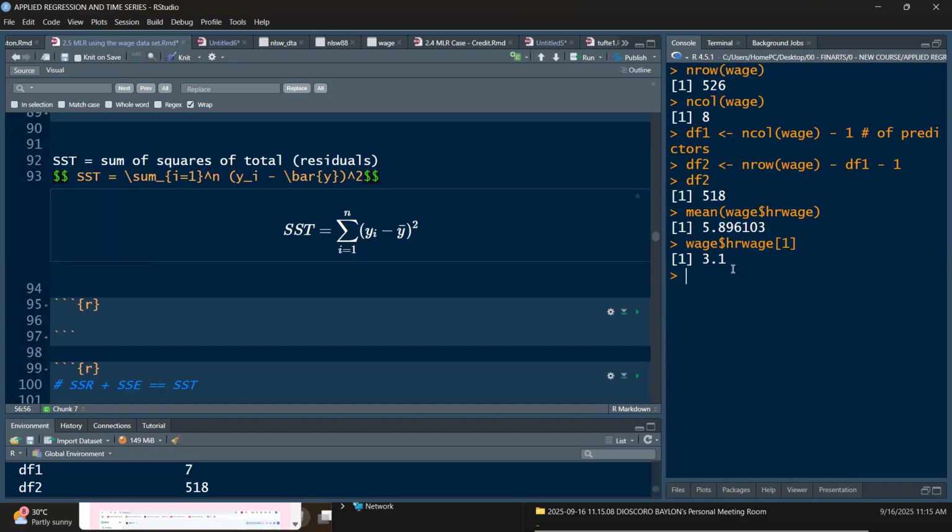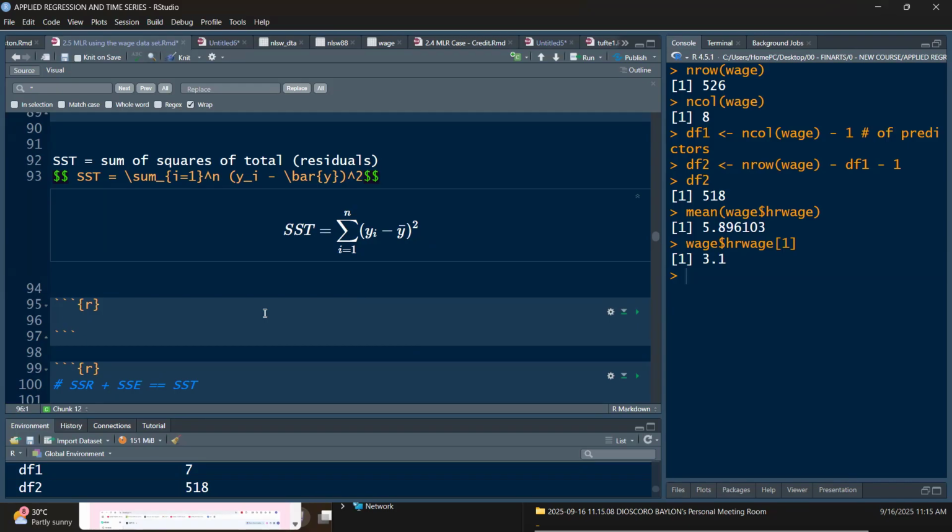Let's just use the wage data itself, the hourly wage data. So for the first observation, that's a big error. We are overstating our prediction. So let's get the overall squared errors when we're going to just use the average. So how do we do that?